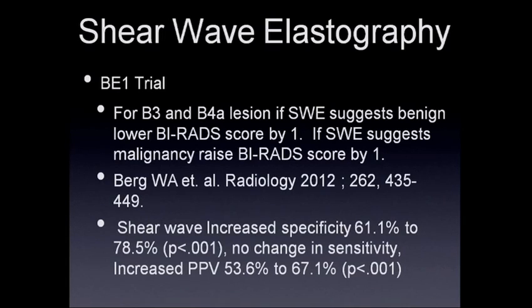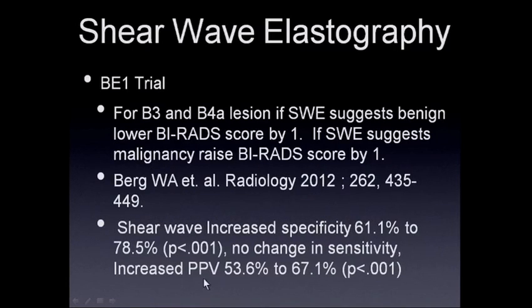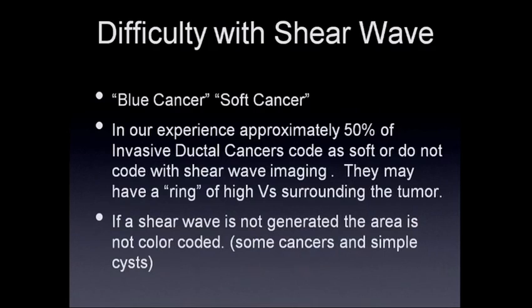And if the shear wave was positive, then we would upgrade those lesions and they would require biopsy. And using that, the shear wave increased the specificity of ultrasound from 61% to 78% with no change in sensitivity, and increased the positive predictive value from approximately 54% to 67%.